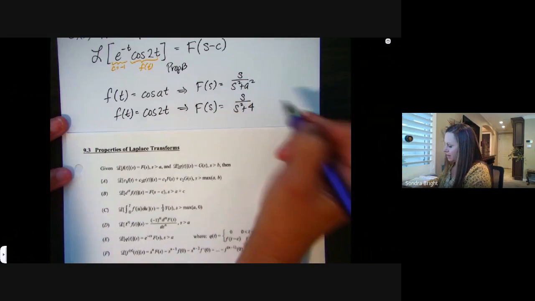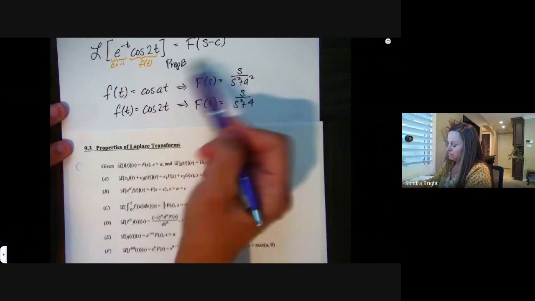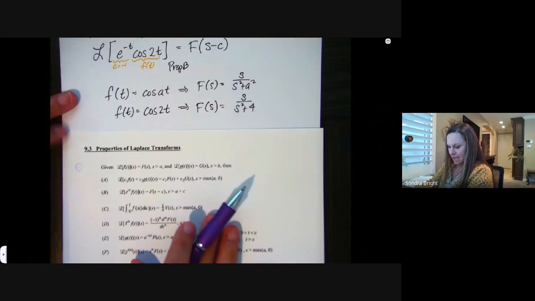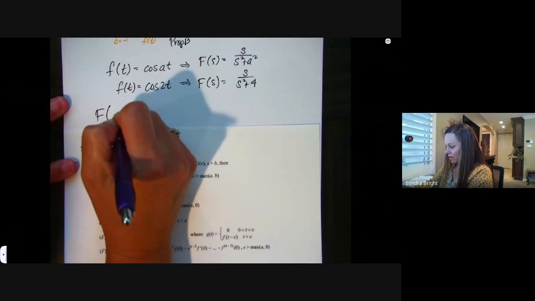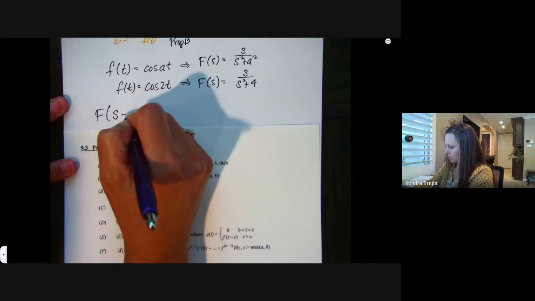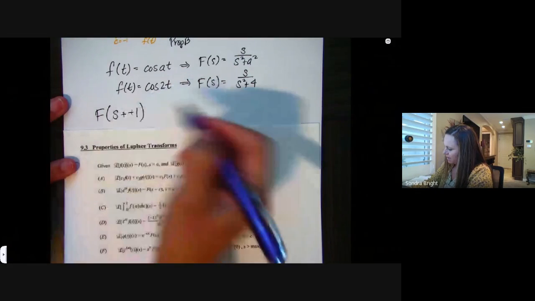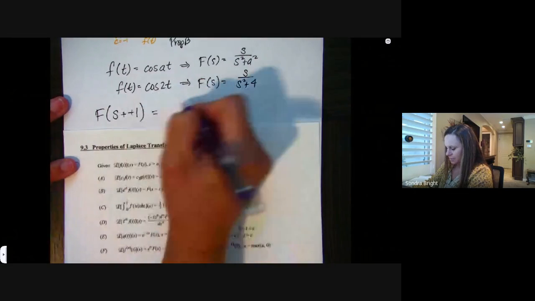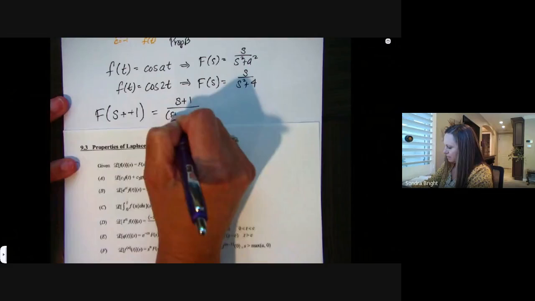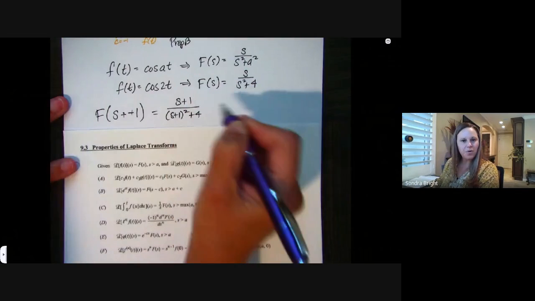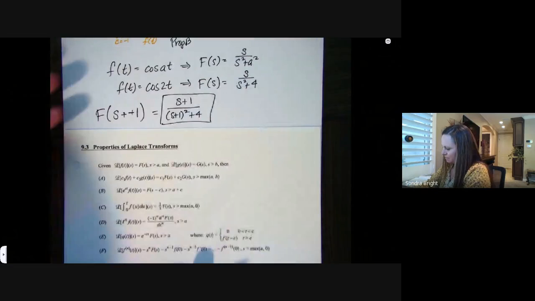But our c here is -1, so I want big F of s minus -1, which means I'm putting s plus 1 into this. That means it's going to be s plus 1 over s plus 1 quantity squared plus 4.